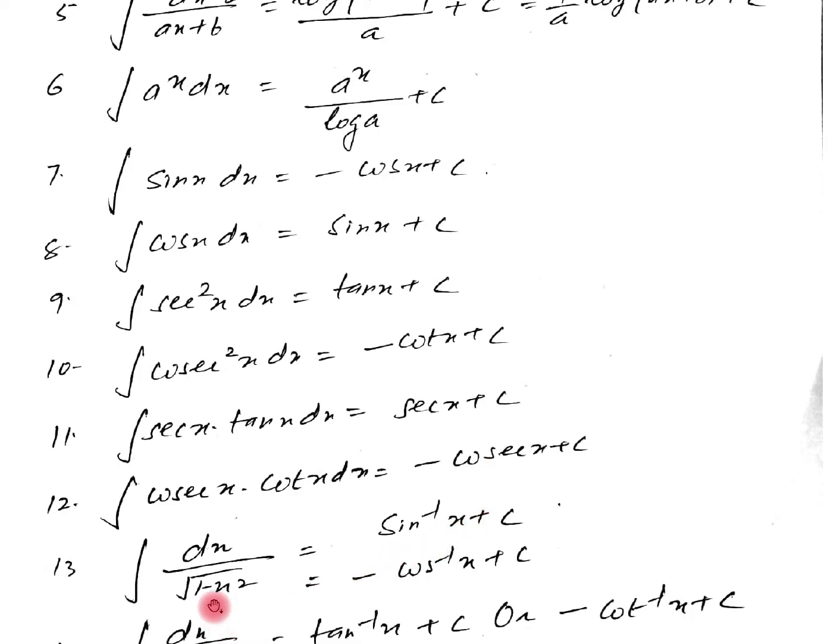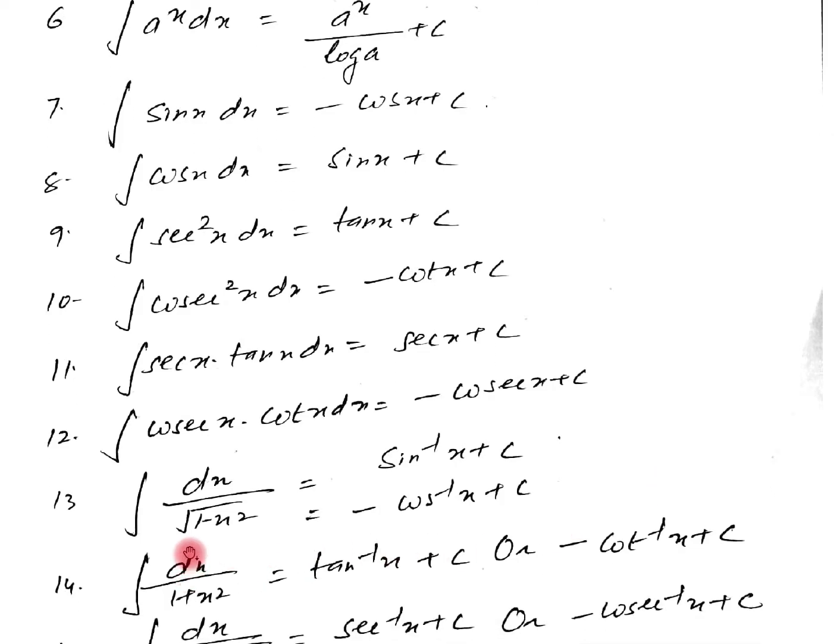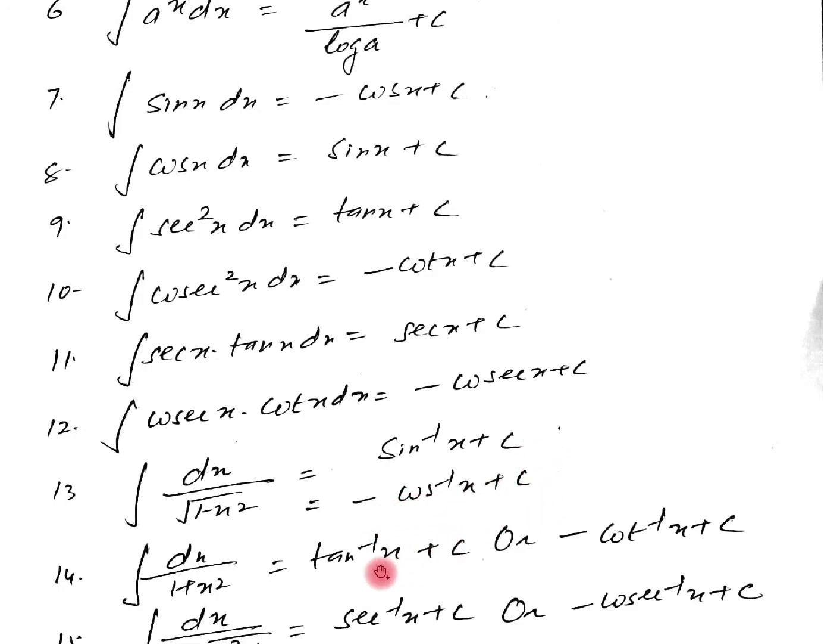Similarly, the derivative of sin inverse x is 1 upon under root 1 minus x square. So the integral of dx upon under root 1 minus x square is equal to either sin inverse x or minus cos inverse x plus c. We can use any one.